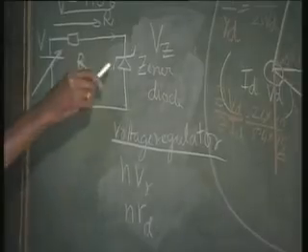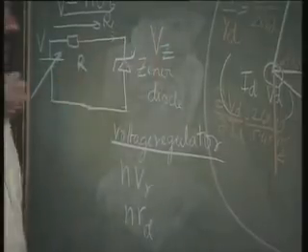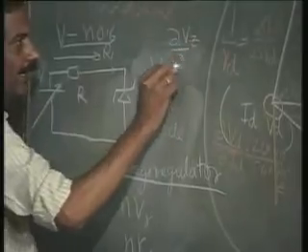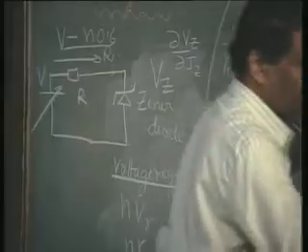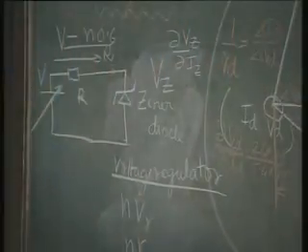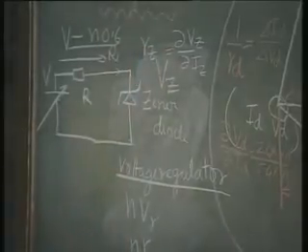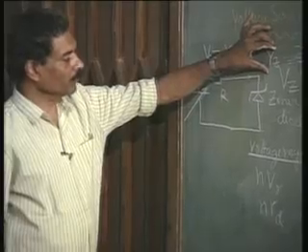Whereas, in the case of a Zener diode, the Zener resistance is of the order of tens of ohms, that is delta Vz by delta Iz. When there is a change in current through the Zener diode, the change in voltage is extremely small, and that again can be put as an equivalent Rz, the small signal equivalent circuit for the Zener, which is of the order of a few tens of ohms.